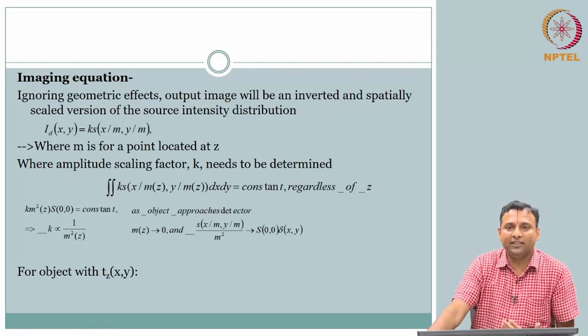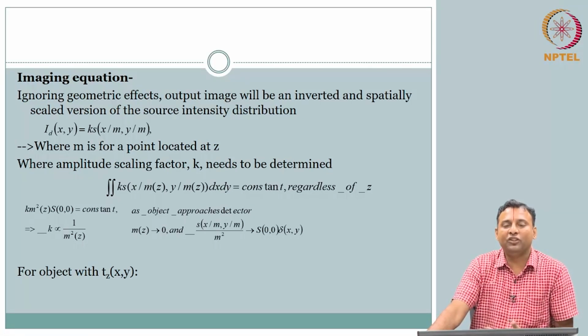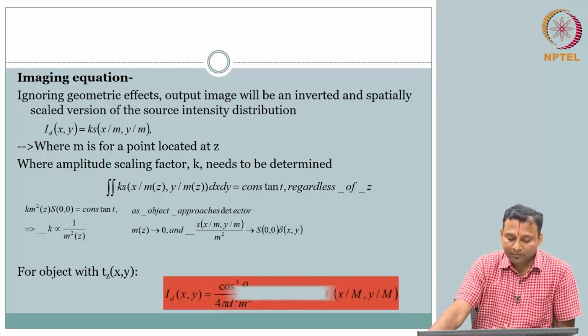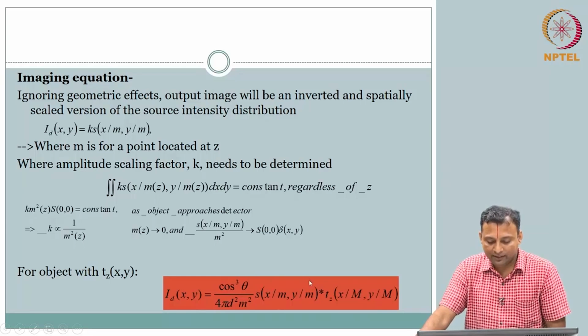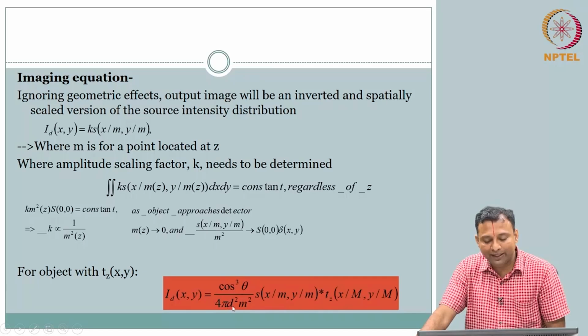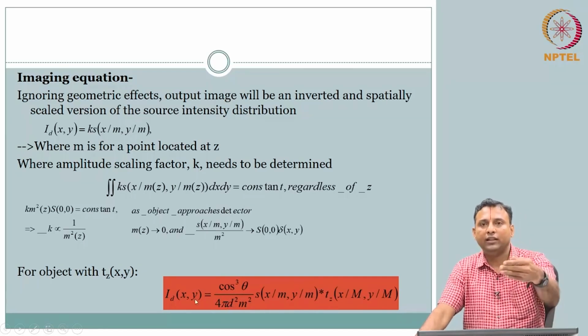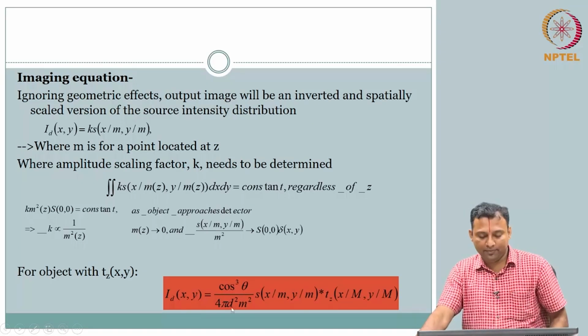We have a point response, then the input convolved with the system gives your output. So we will have I_d of x comma theta, and the other things we have incorporated, cos cube theta by 4 pi d square. So we have also incorporated your inverse square law, right.